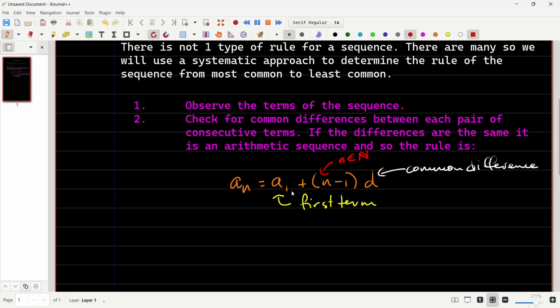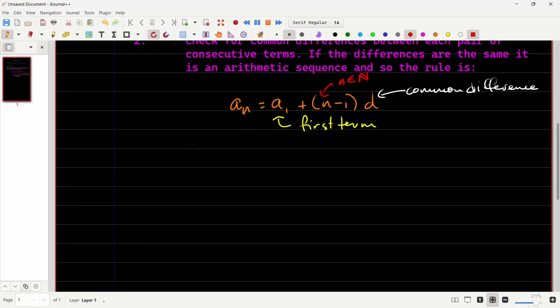So a_1, which is the first term, plus n minus 1, which is the position in the natural numbers minus 1, then multiplied by the common difference. Let's say, for instance, we want to calculate the second term, a_2. Let's say a_1 is 2, the first number in the sequence.